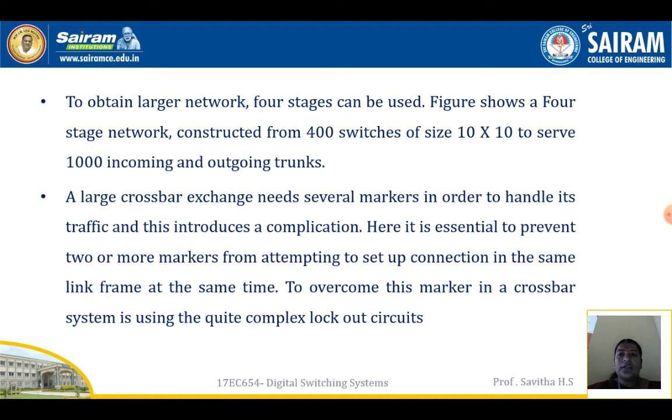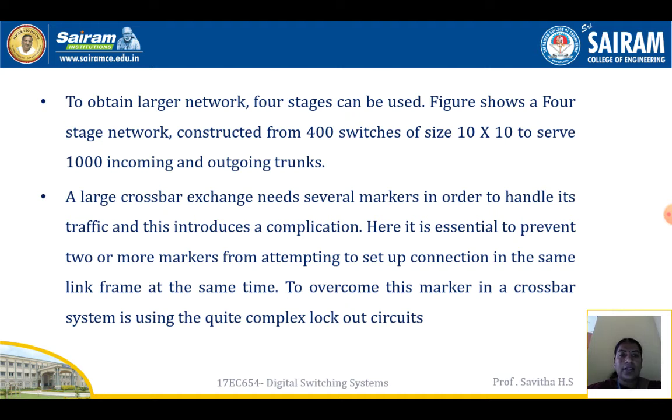To obtain a larger network, a four-stage network can be used. The figure shows a four-stage network constructed from 400 switches of size 10 cross 10 to serve 1000 incoming and outgoing trunks. A large crossbar exchange needs several markers in order to handle its traffic, and this introduces a complication.